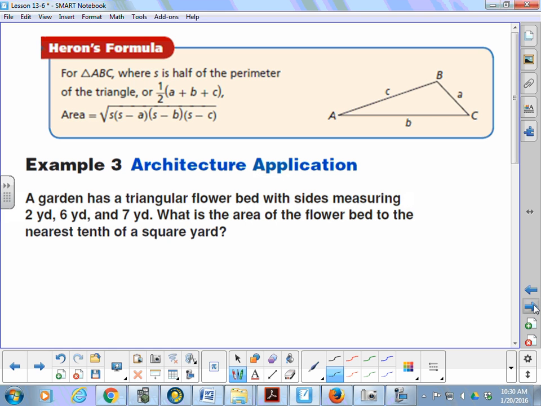Part of this formula is finding S, which is half of the perimeter. Then we take that number and multiply it by that number minus each side separately, multiply them all together, and take the square root. But the first thing we do is find half of the perimeter.